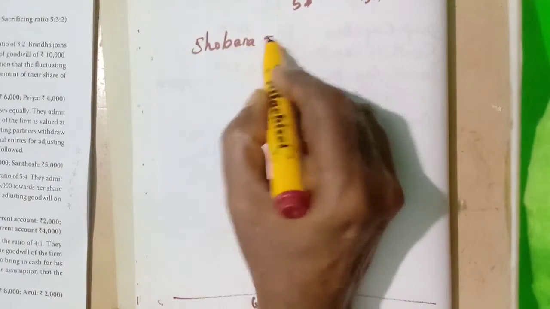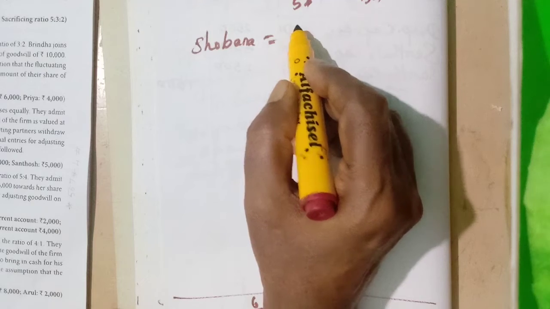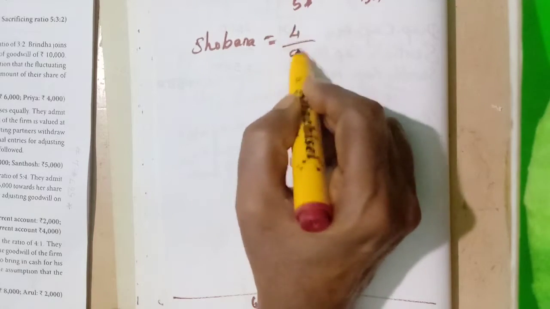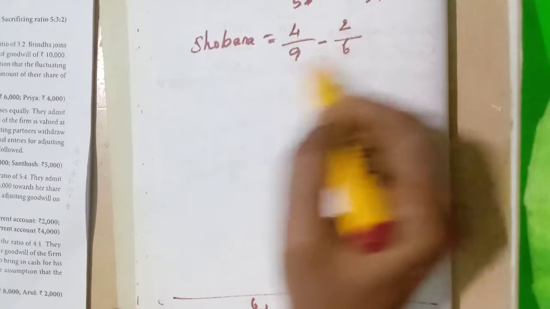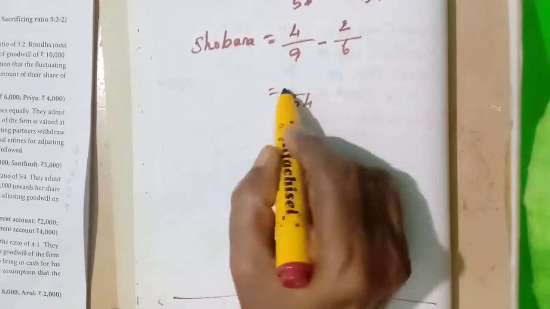What is the old ratio? 4/9 minus new ratio 2/6. Same 54.